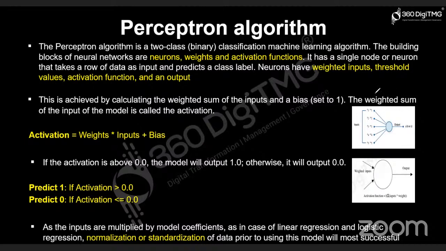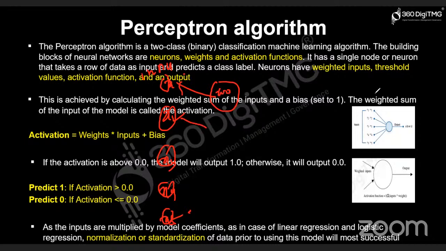Let's see. These are the inputs: x1, x2, x3, x4, and x5. For each input column that you are giving, we will be having different weights.